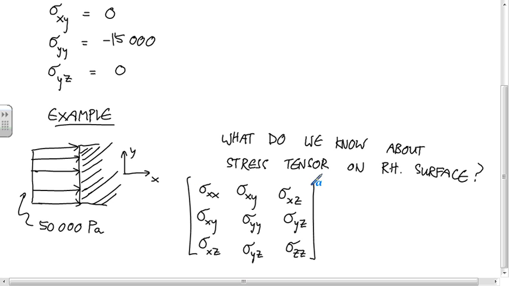What's the outward facing normal? -1, 0, 0, because outward from this object is going to the left. You see that? So -1, 0, 0.